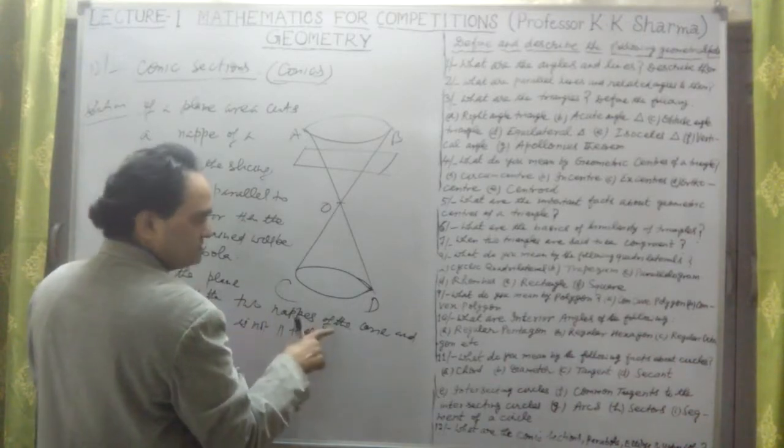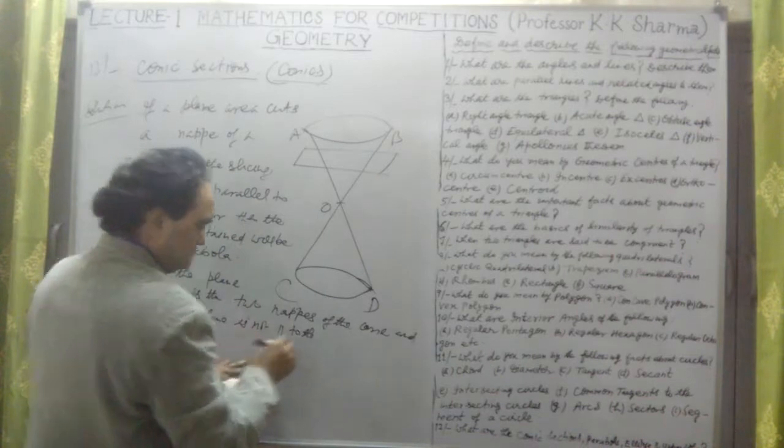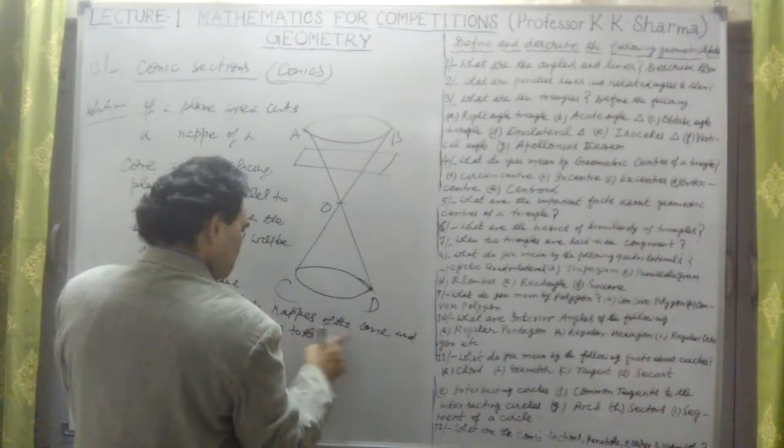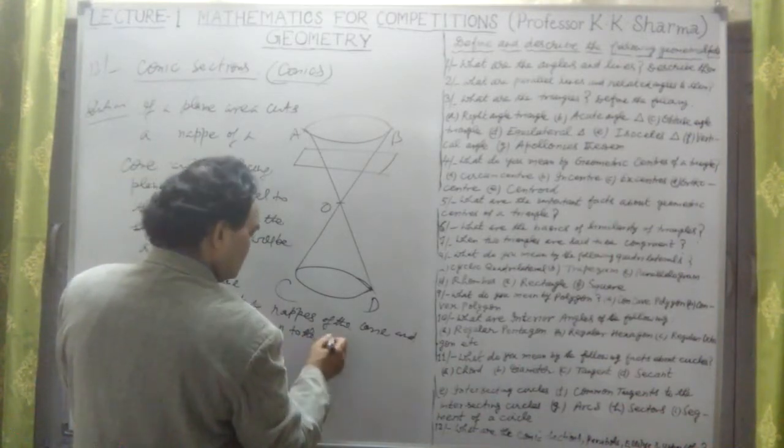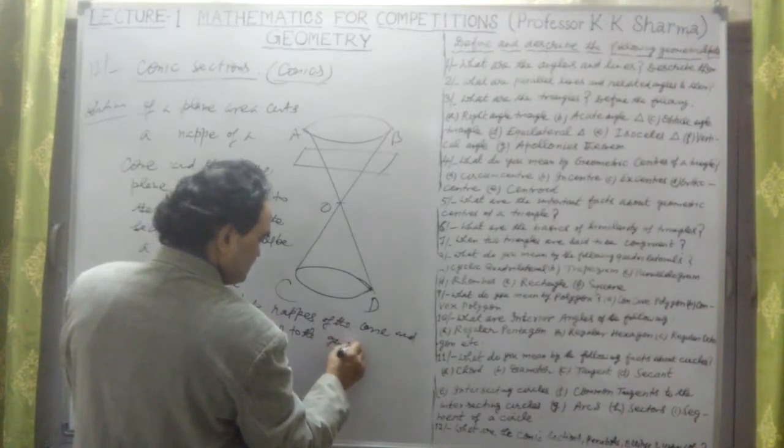It cuts the two nappes of the cone and is not parallel to the generator.